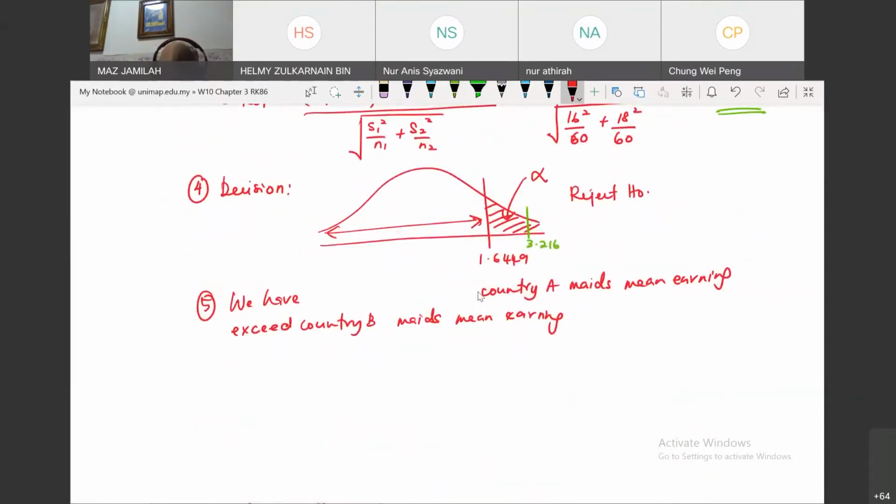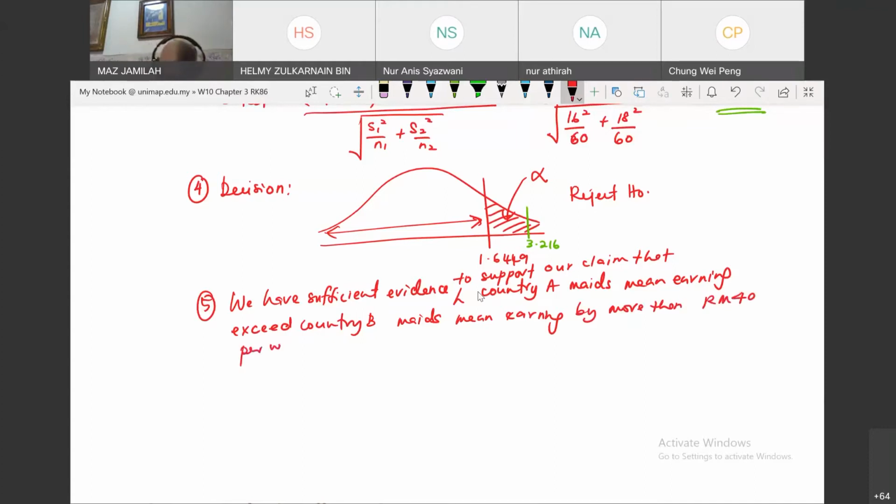So we have sufficient evidence to support our claim that country A's mean earning exceeds country B's mean earning by more than RM40 per week.